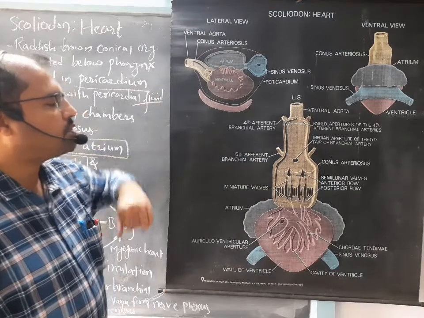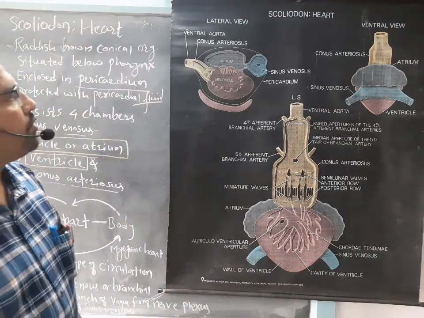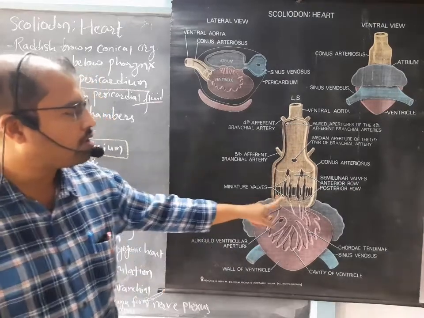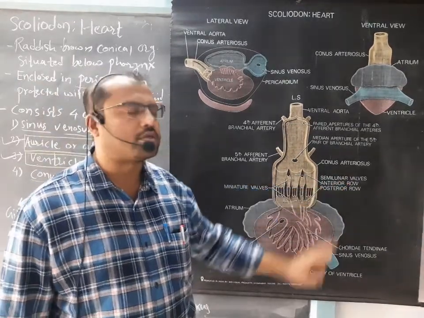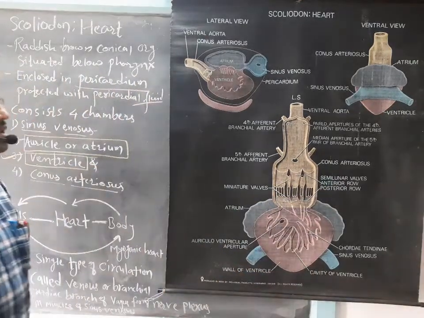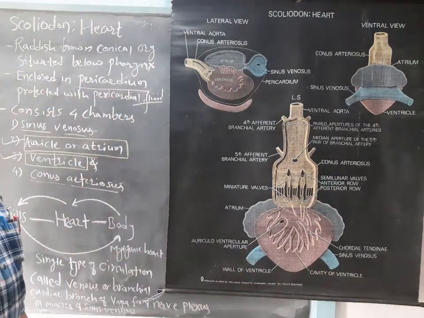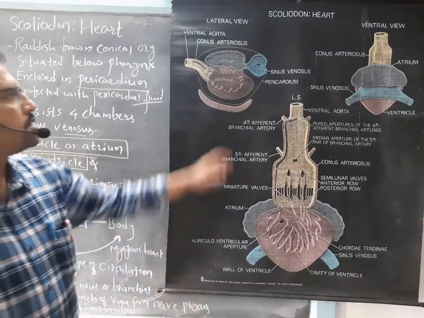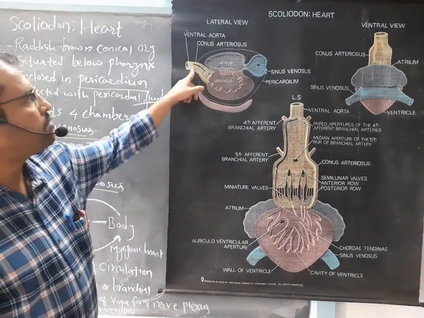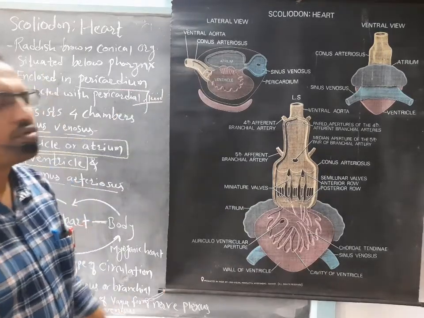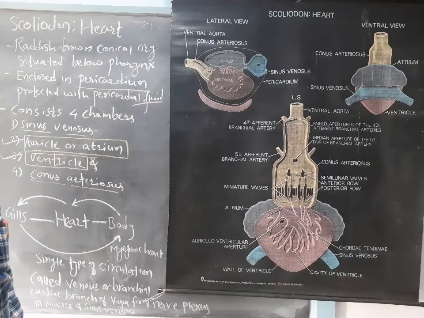There are different types of valves in between the ventricle and conus arteriosus: the miniature valve, along with the semilunar valves of the anterior row as well as the posterior row. They prevent the backward flow of the blood from the conus arteriosus to the ventricle, and from the conus arteriosus it passes to the ventral aorta and then goes to the gills for oxygenation.